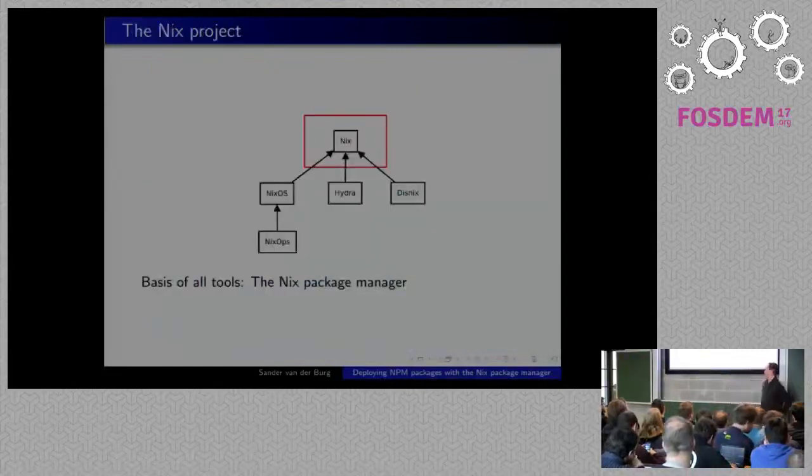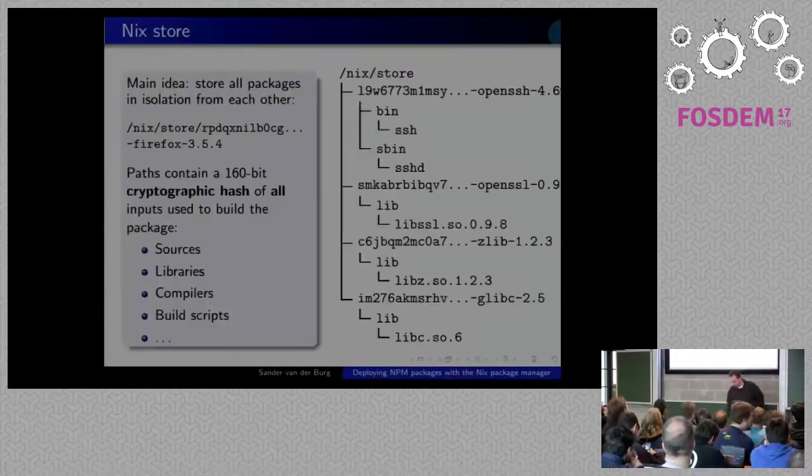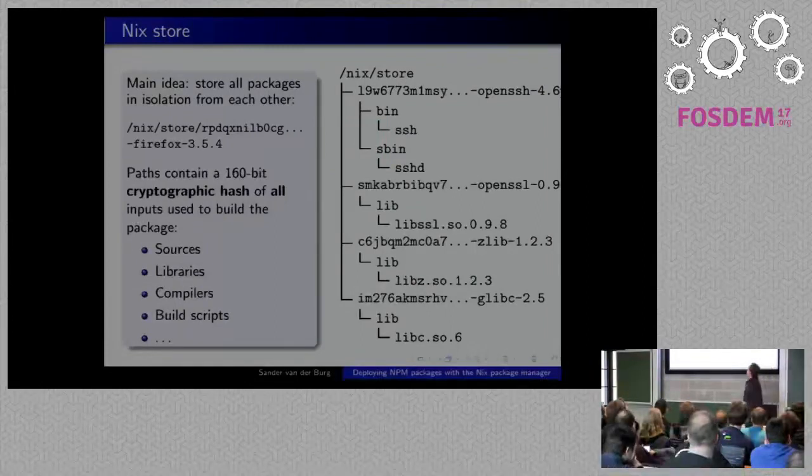So the basis of the Nix project and all its sub-projects is the Nix package manager. The idea of the Nix package manager is its package organization, which looks a bit scary if you look at this slide. The scary part is actually the file names. The Nix package manager stores everything in a so-called Nix store in isolation.